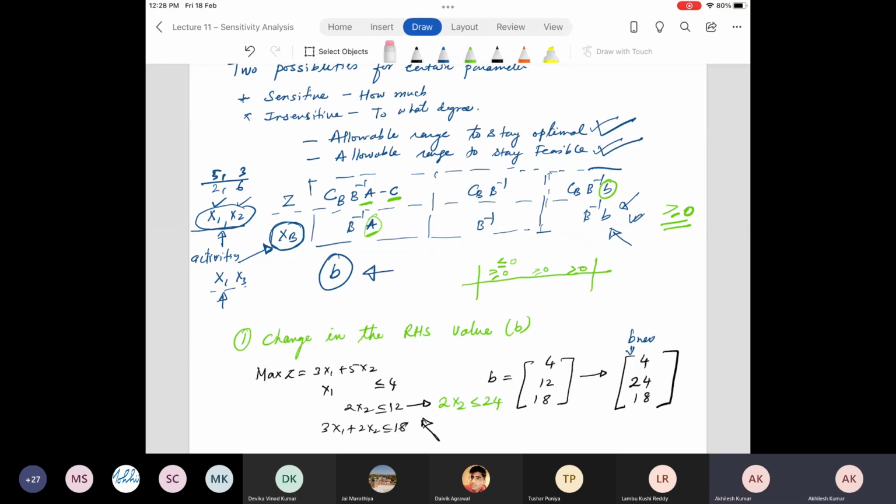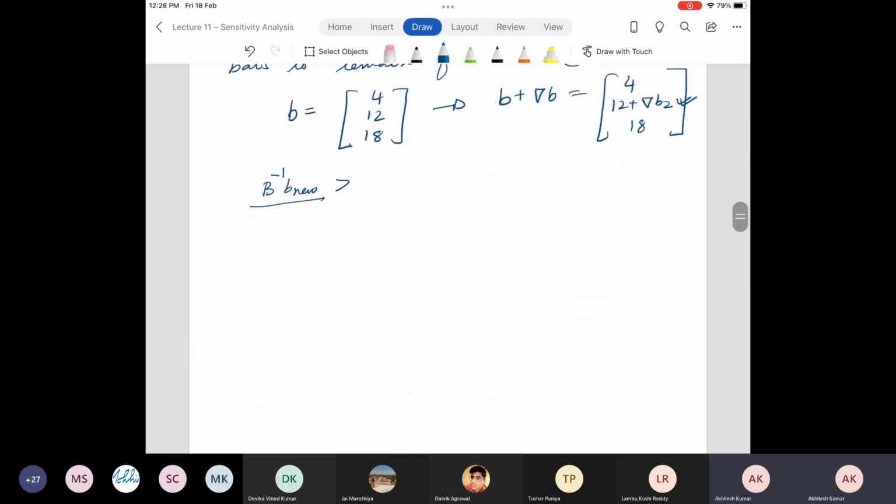If I want to remain feasible, whatever this quantity be, what should be the sign of this quantity? Positive. Greater than or equal to 0. So as long as B inverse B new is greater than or equal to 0, my basis remains the same.